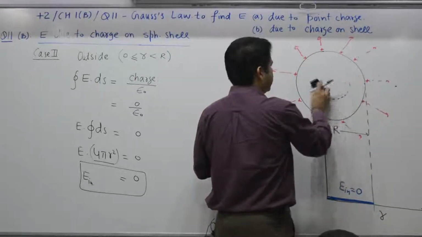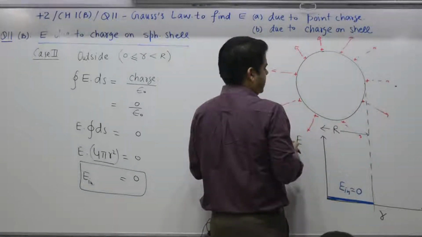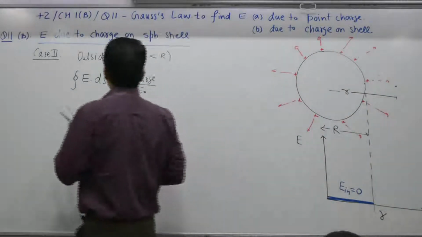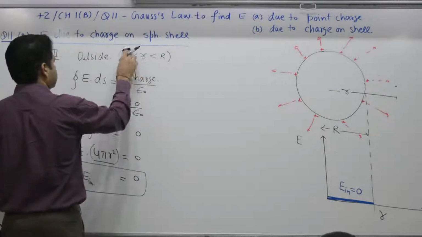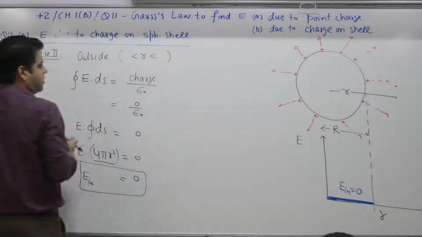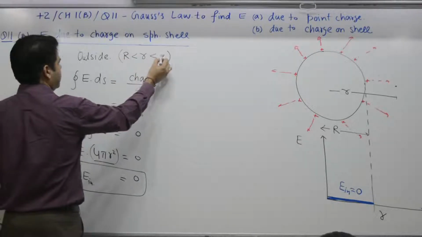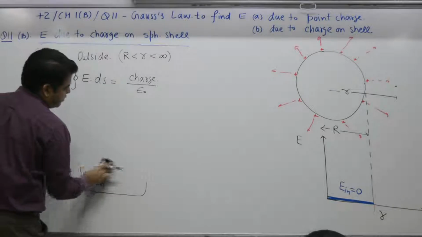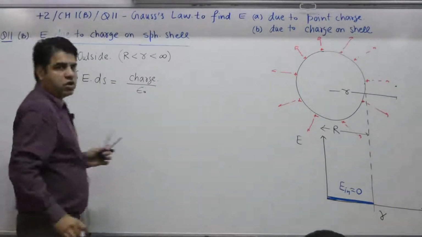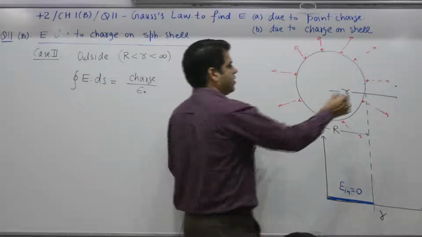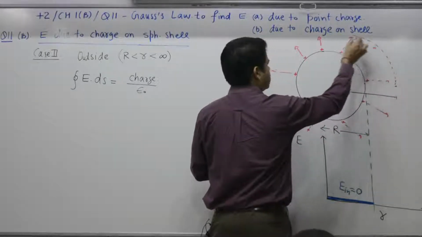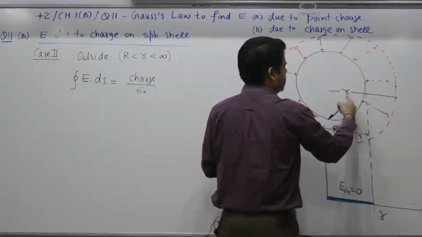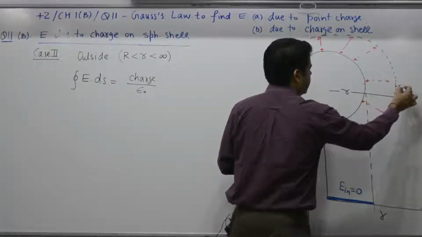So, if it is outside, then r varies from the surface to infinity, from capital R to infinity. Same procedure: step 1, write Gauss's law and then draw a Gaussian surface at the distance where you want to find the field, at point P.